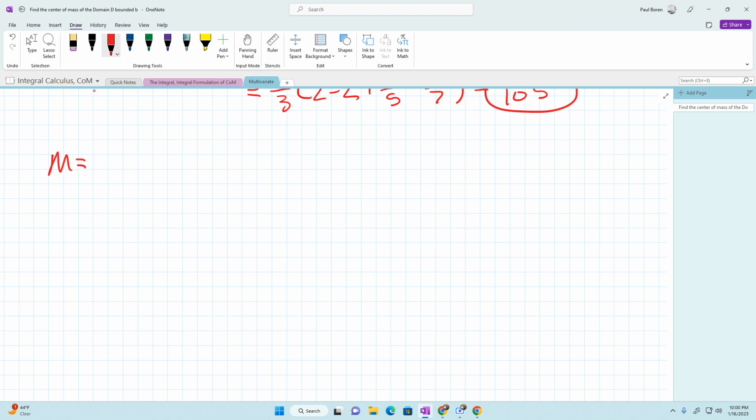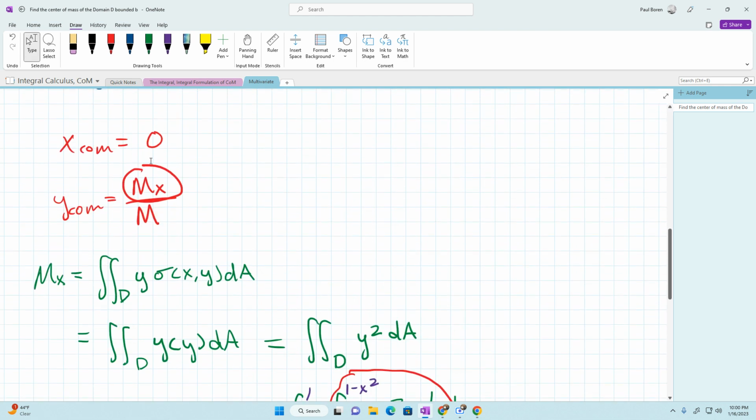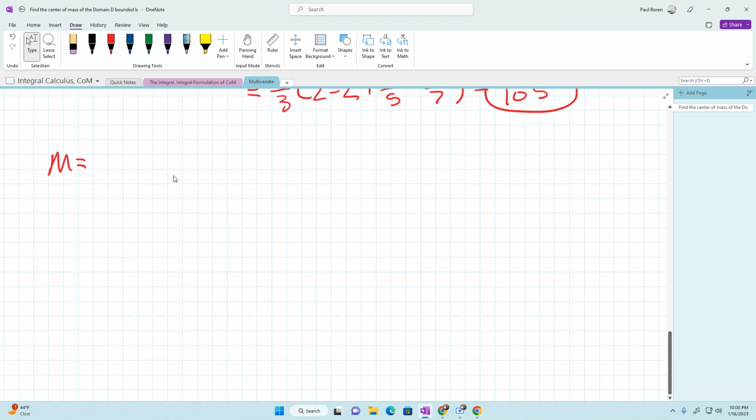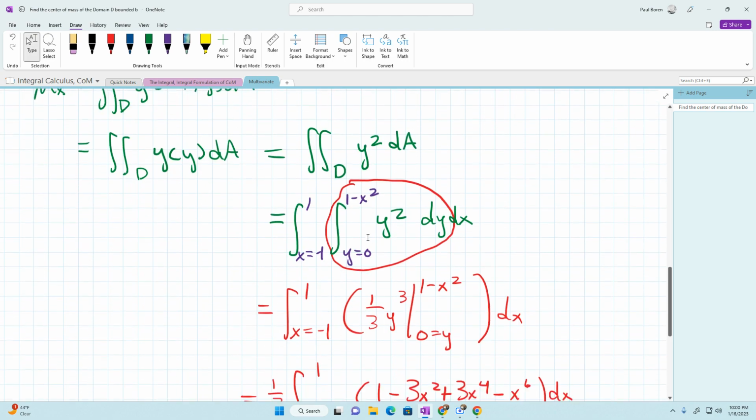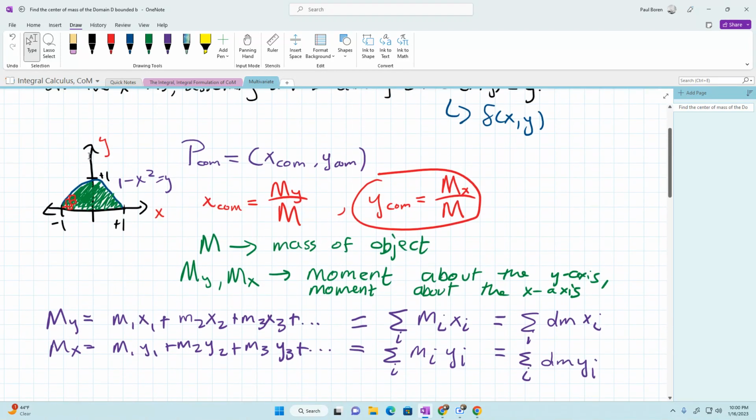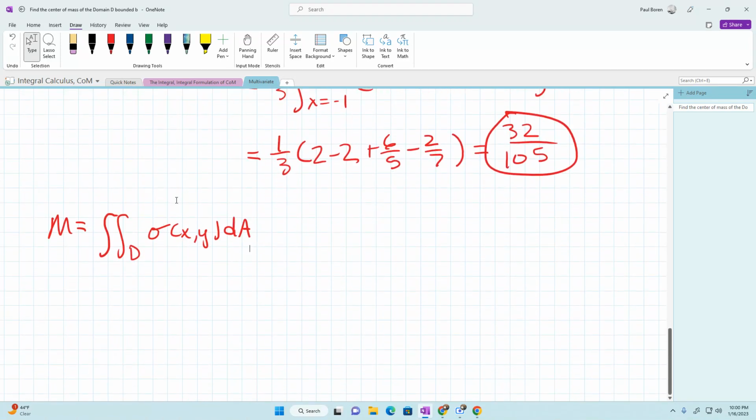So to find our mass here, to plug into this equation, we're going to take the double integral across the region, or the domain D, of sigma times dA. This expression we know equals dm, and if we were to integrate dm across all of this region, we would get the total mass of our object.